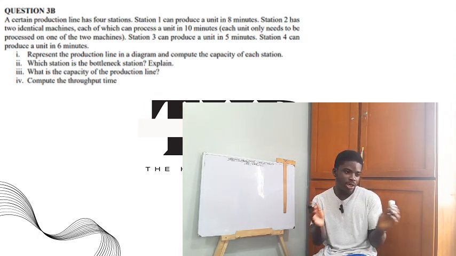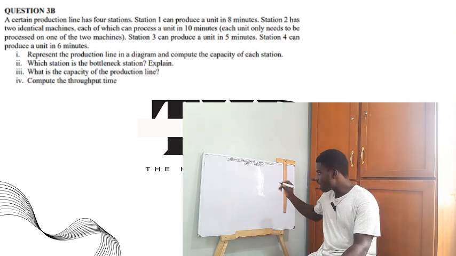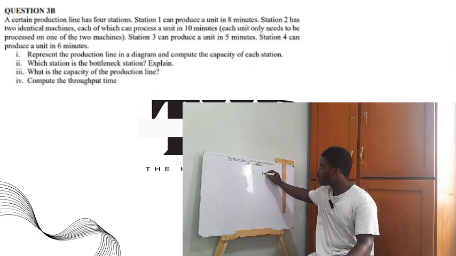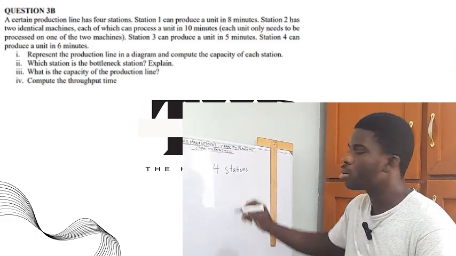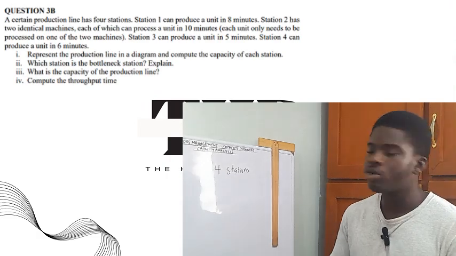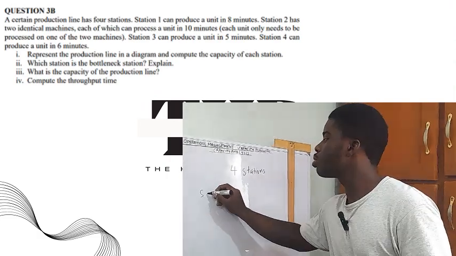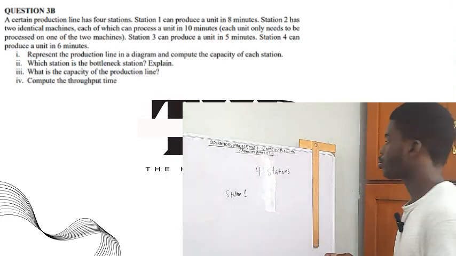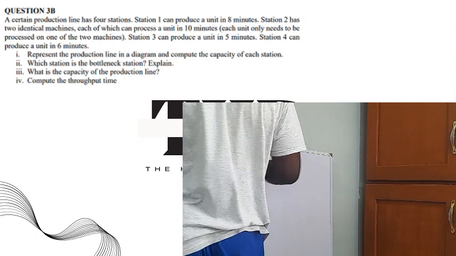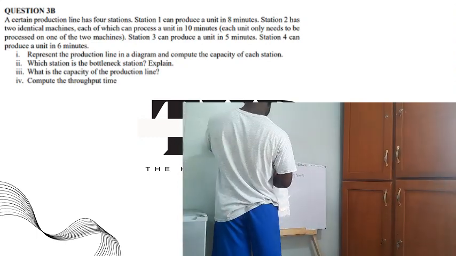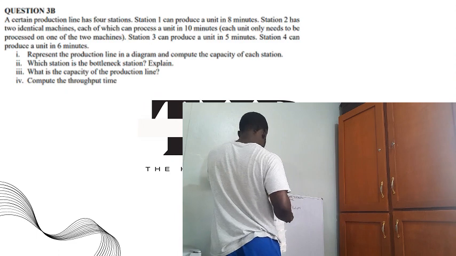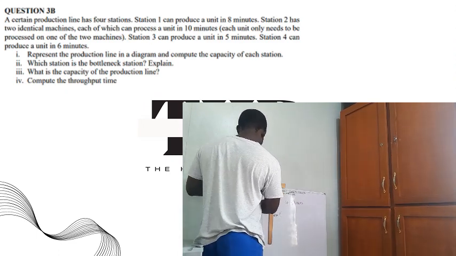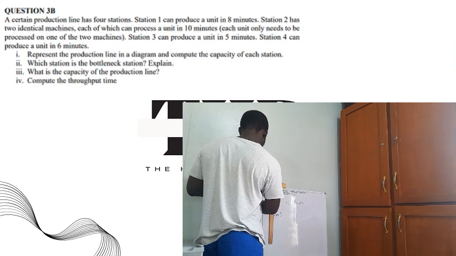Now, the production line has what? 4 stations. Now, station 1. I'll make S1.